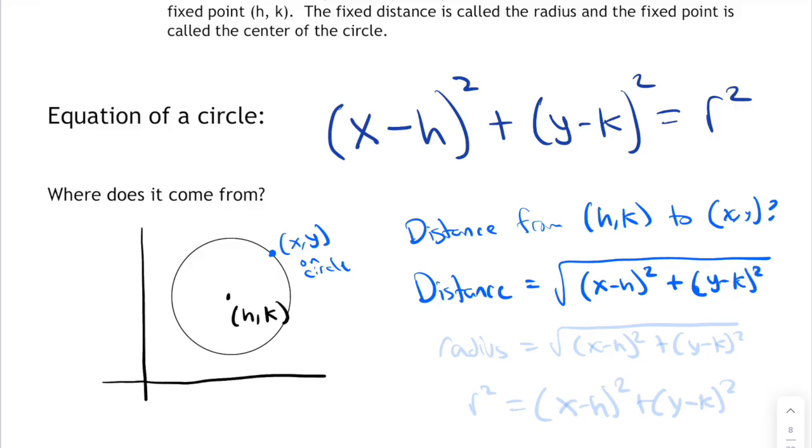And that distance is just called the radius. Then if we square both sides, we get r squared equals (x minus h) squared plus (y minus k) squared.